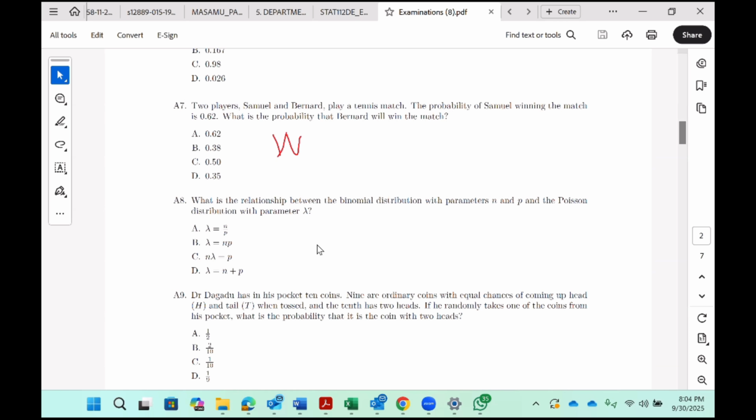So we are saying that if Samuel winning is 0.62, then we should find the probability that he will not win. So he will either lose or he will draw. If he draws, he has not won.